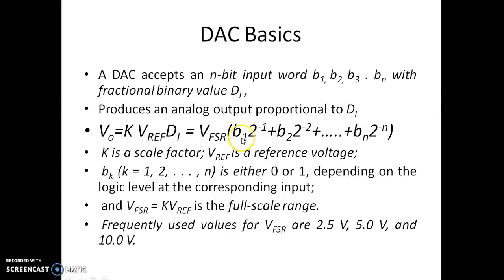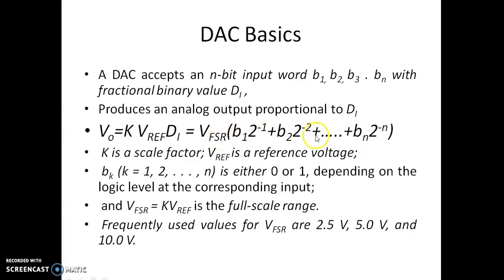Now assume that all the bits are 0 and only the LSB is 1. Assume this is an 8-bit DAC. Now all the bits are 0 except this one, which is 1. So we end up with VFSR times 2 power minus 8, or in general 2 power minus n.